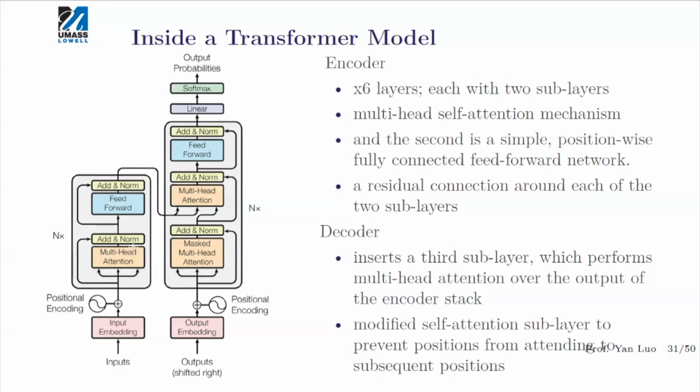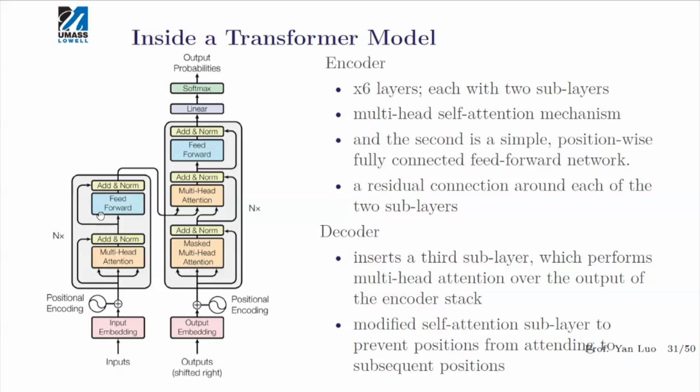But essentially, this is a neural network layer built on the self-attention mechanism. The self-attention mechanism, as we will explain shortly, is a way to learn the relationships among the tokens that appear in an input sequence.